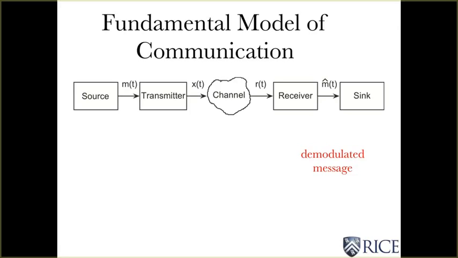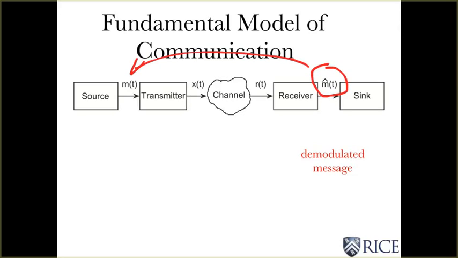So I put this hat on top of the symbol here because it means that it's not exactly equal to M. It's an approximation to M. So M hat basically equals the message M plus some error.